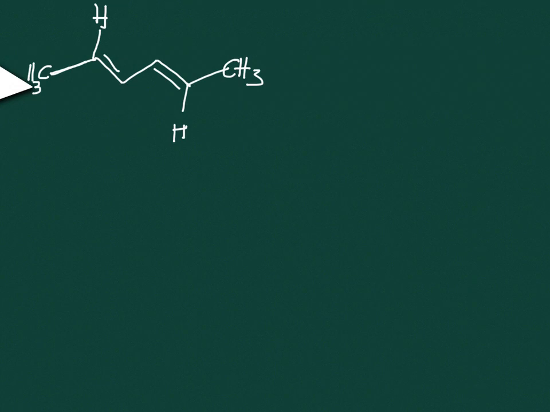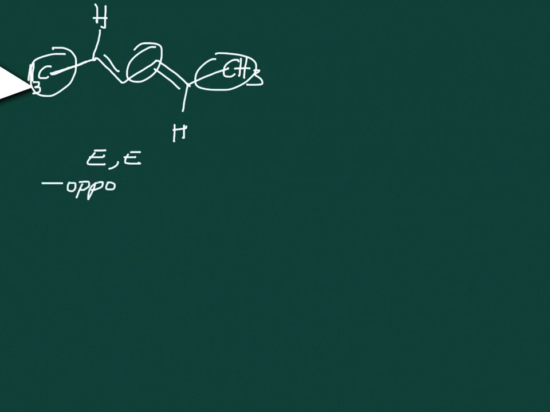We can see that the alkenes have an EE configuration, where the highest priority substituents are on opposite sides of the double bond.